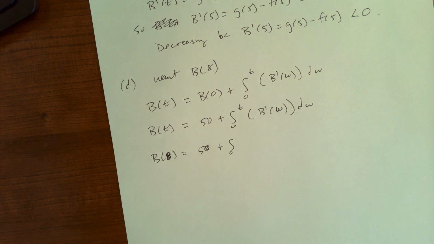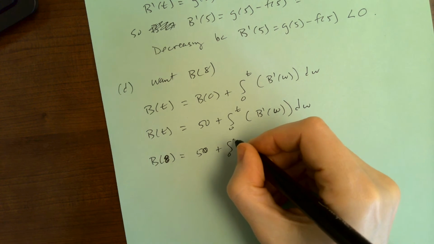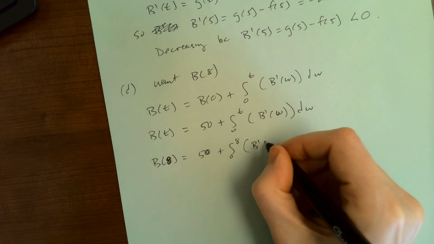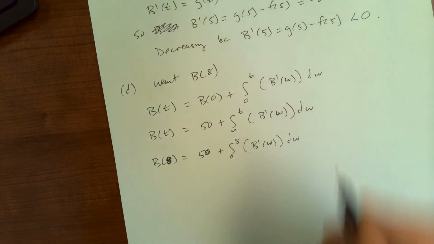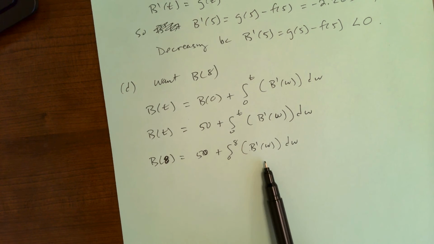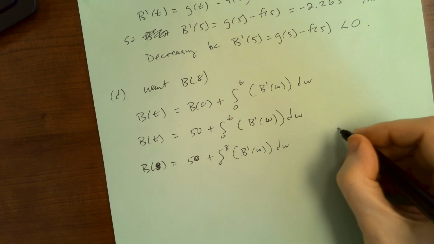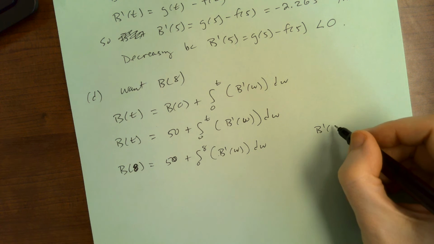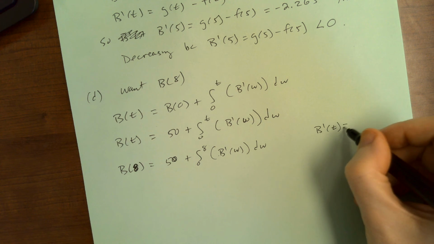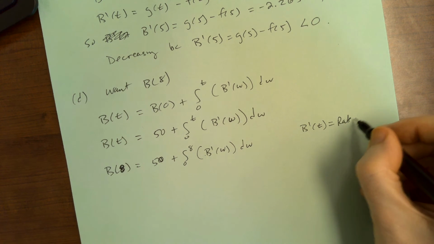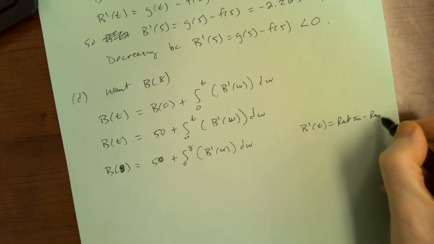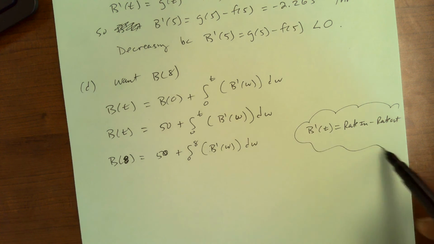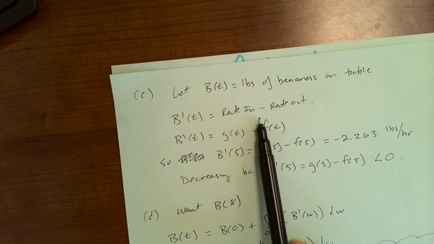So B of 8 is 50 plus the integral from 0 to 8, B prime of w, dw. Now guys, B prime of t is rate in minus rate out. Okay, which I already kind of set up here.